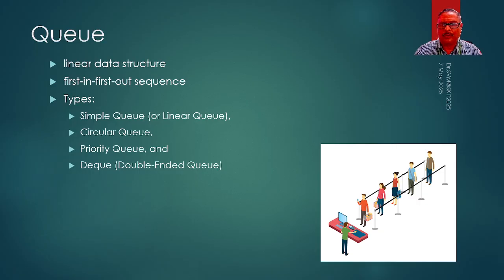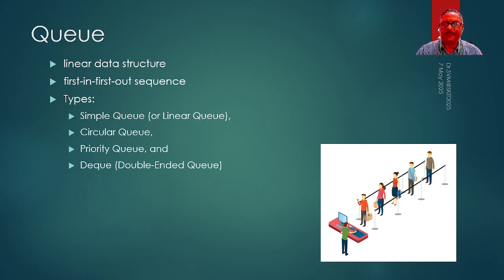The one who has come first to the service point will be served first, who comes second will be served second, and who has come last will be served last. So the one who joins the queue first will go out of the queue first.